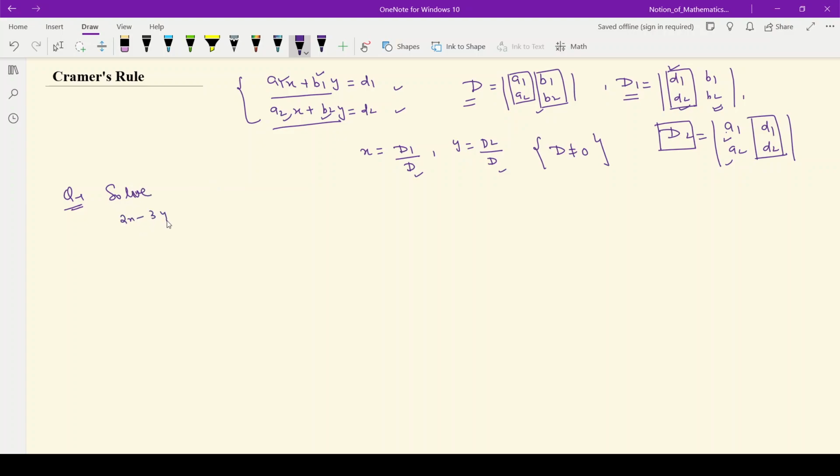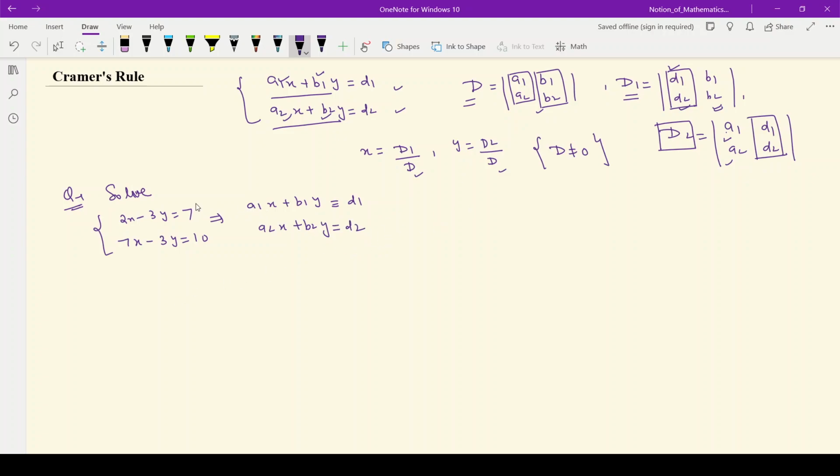2x minus 3y equal to 7, 7x minus 3y is equal to 10. So what we can do here, we can compare it with the given system of equations, like a1x plus b1y is equal to d1, a2x plus b2y is equal to d2.